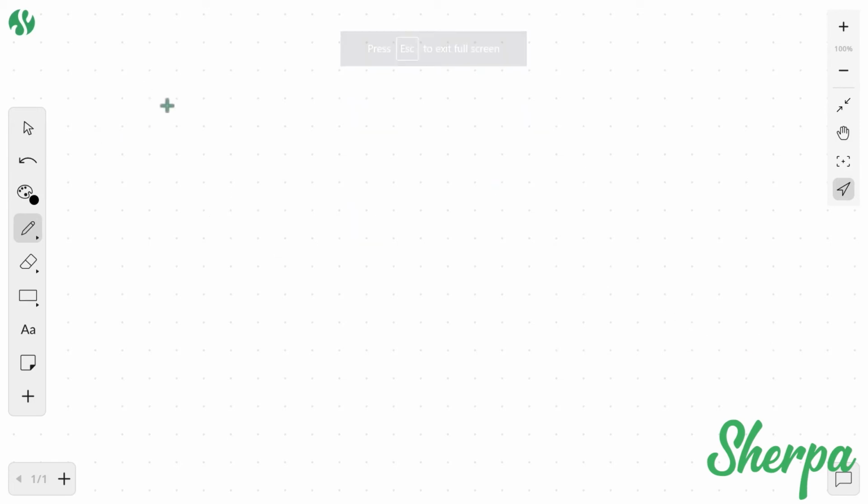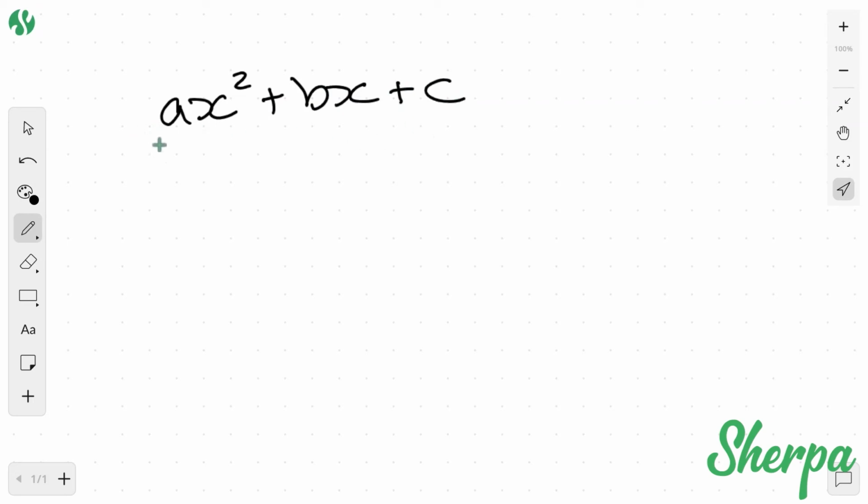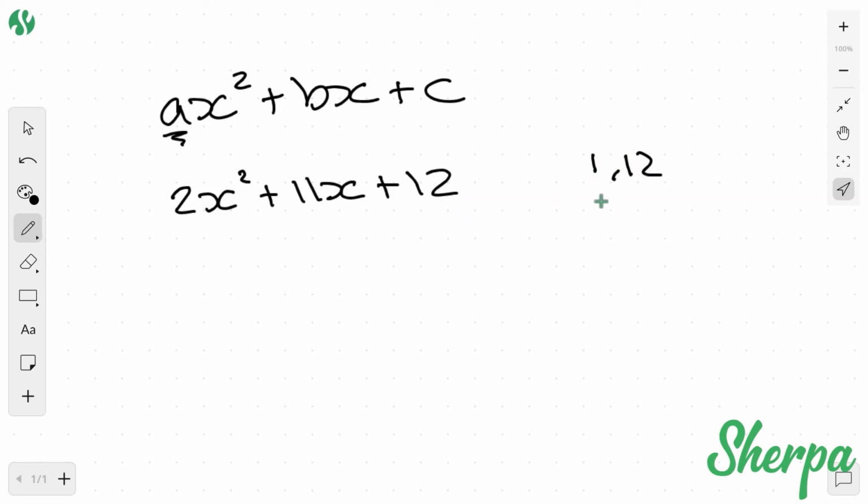But as you may remember, our initial formula was a times x squared plus bx plus c. So what's happened to this a variable? Well, this is going to appear in quadratics like this: 2x squared plus 11x plus 12. Now we know that in order to calculate our c variable, it needs to be two factors of 12. So we take 1 and 12, 2 and 6, and 3 and 4.